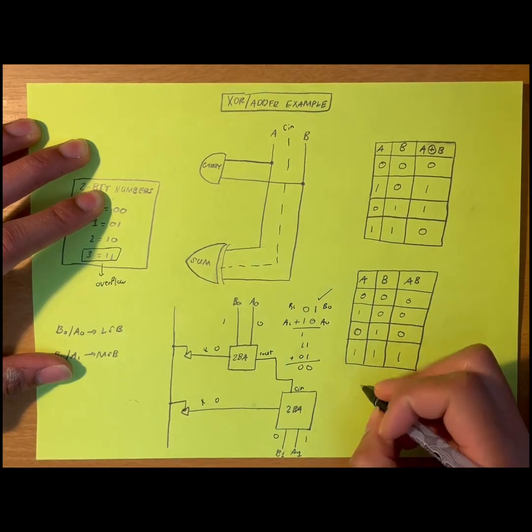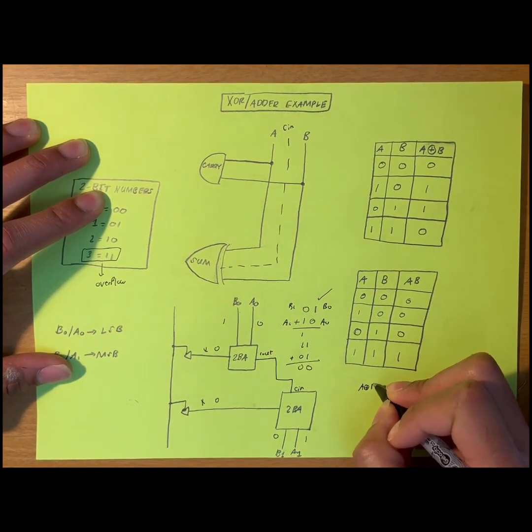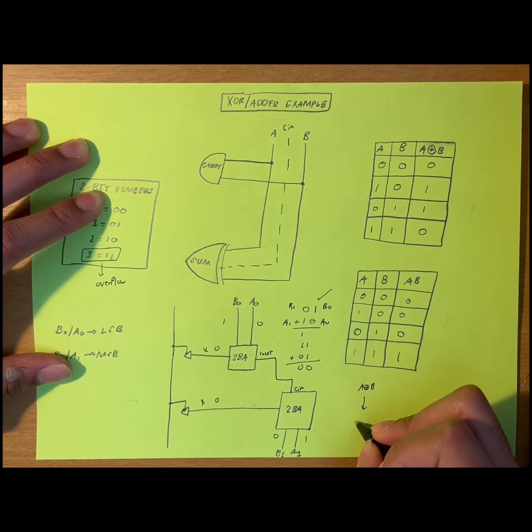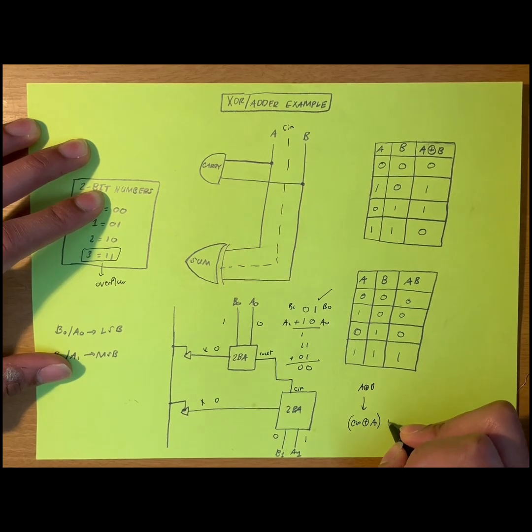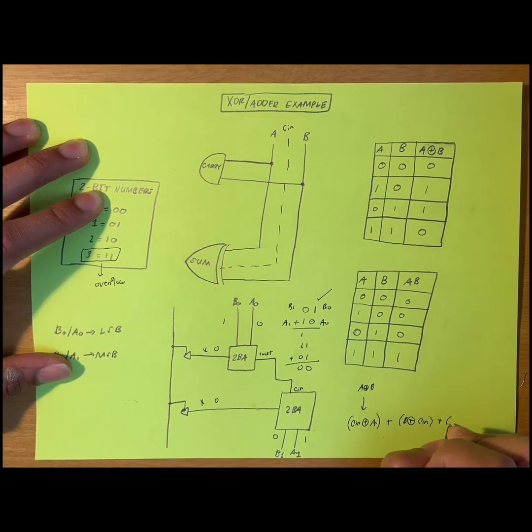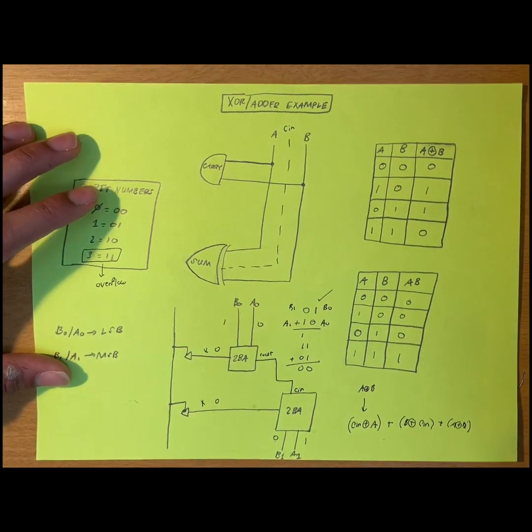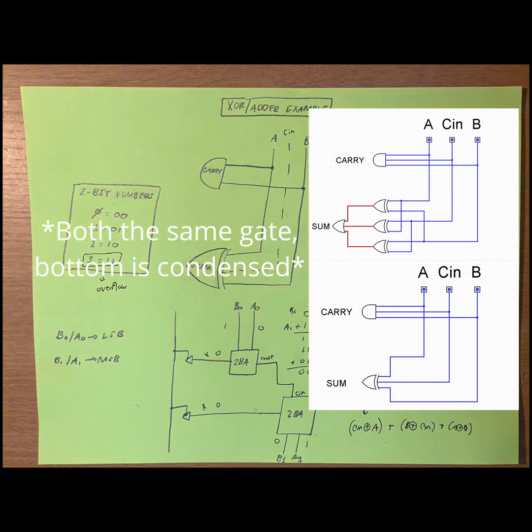So it goes from just A XOR with B down to Cin XOR with A, or B XOR with Cin, or A XOR with B. Sorry for my handwriting there, but essentially Cin creates a whole separate system in which it graduates from 2-bit to 3-bit, which I'll show in my next video.